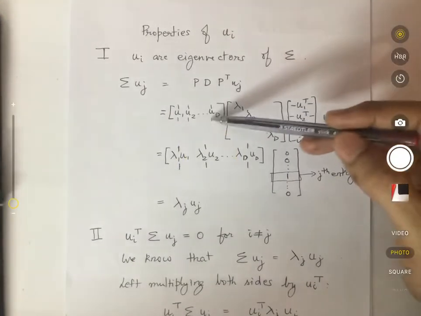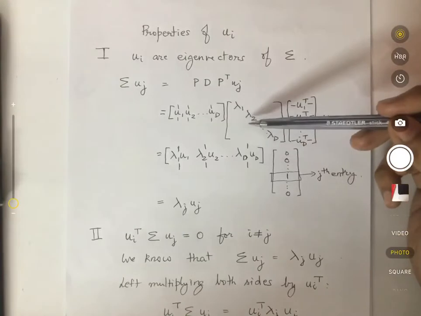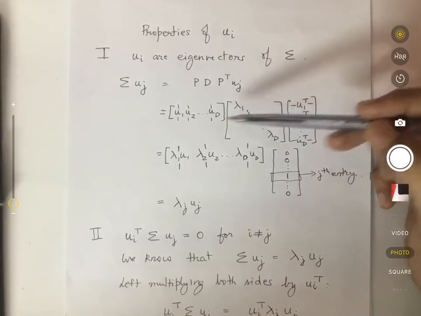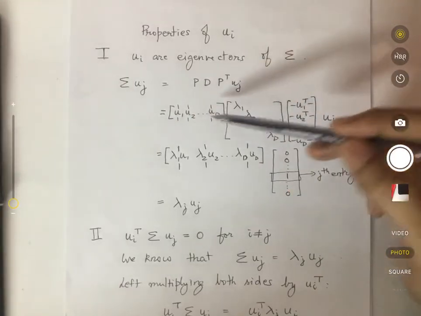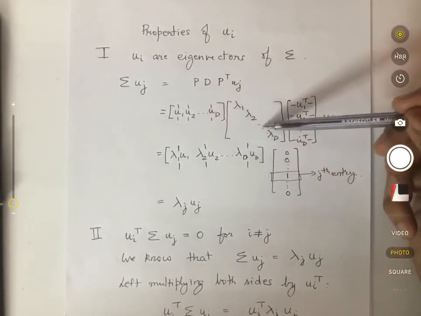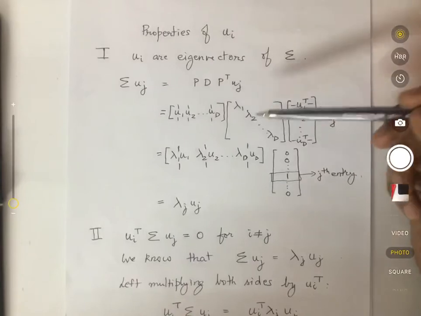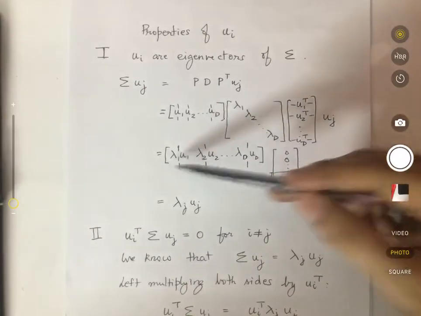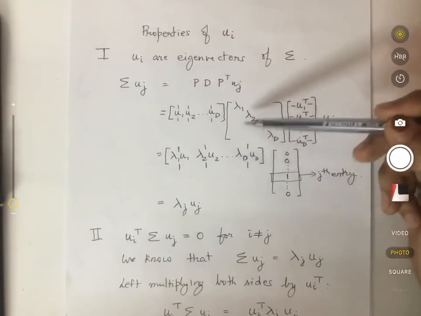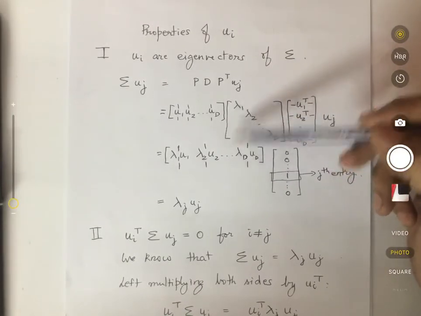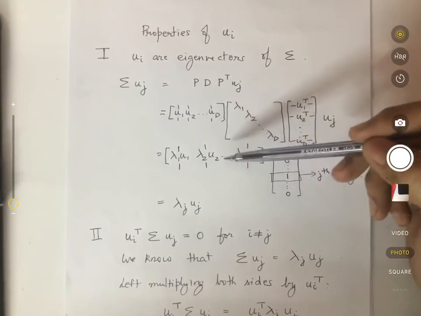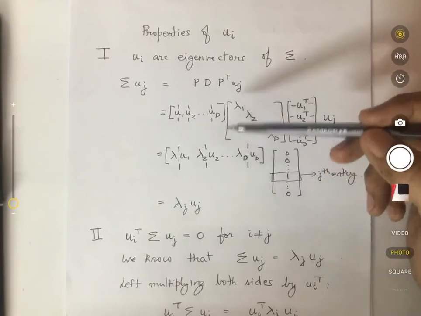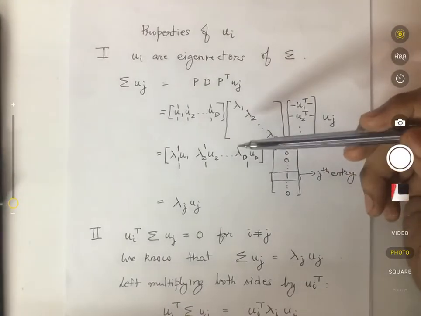It turns out from the way these matrices are that lambda 1 chooses only u1, lambda 2 chooses only u2, and in general lambda i chooses only ui. So we end up with this matrix down here, just a simple calculation, a simple simplification, which you could work out yourself.